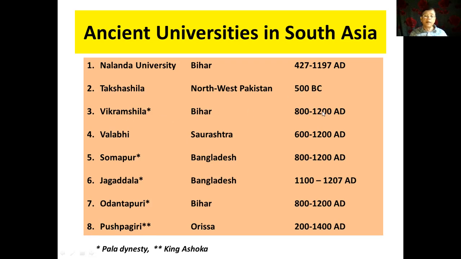Vikramshila University in Bihar, Vallabhi University in Saurashtra, Somapura University, which is now in Bangladesh, Jagaddala University also in present Bangladesh. As I told you, in ancient India, this was all India. There were no individual countries at that time. The other universities here in Bihar and Pushpagiri University in Orissa. You see, you look at the timeline here.